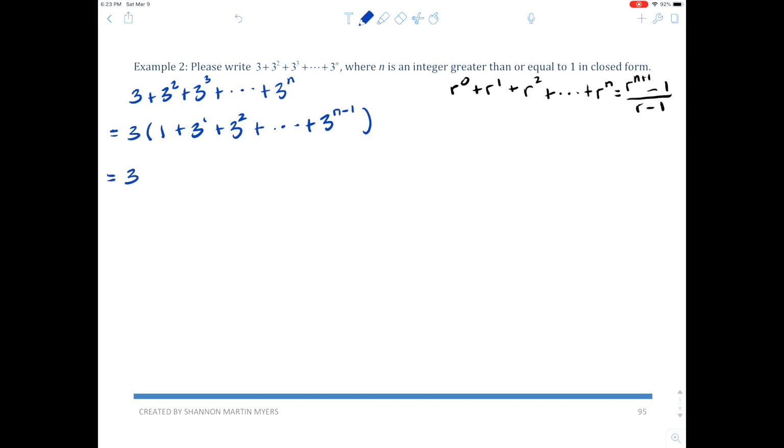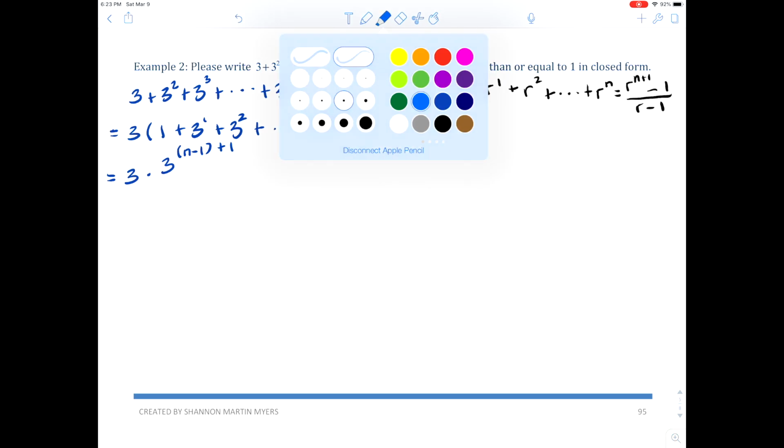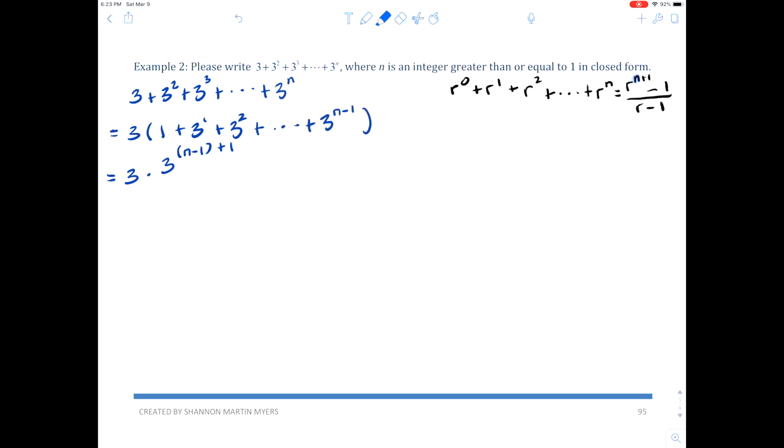So, this is equivalent to 3 times, my r is 3, and my last term is n minus 1, so I'm going to plug that in here, and then add 1. So for n, I'm putting the n minus 1.